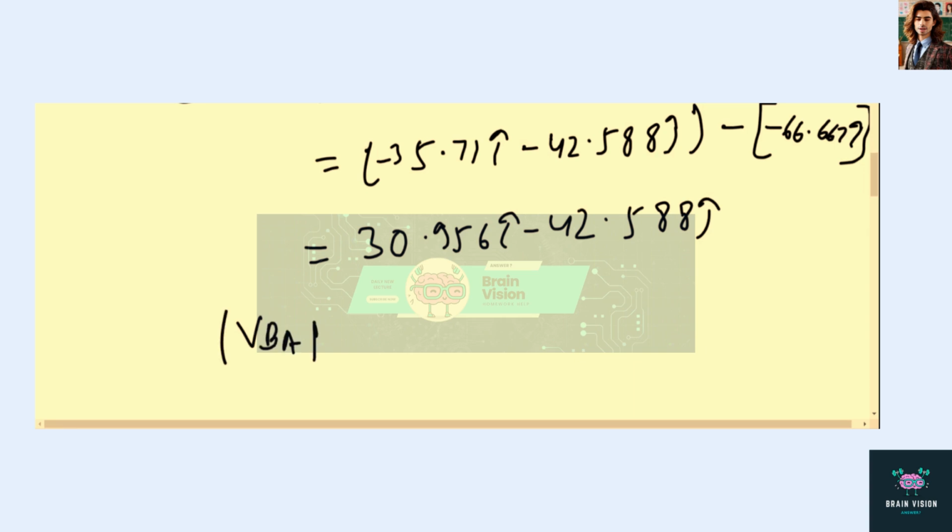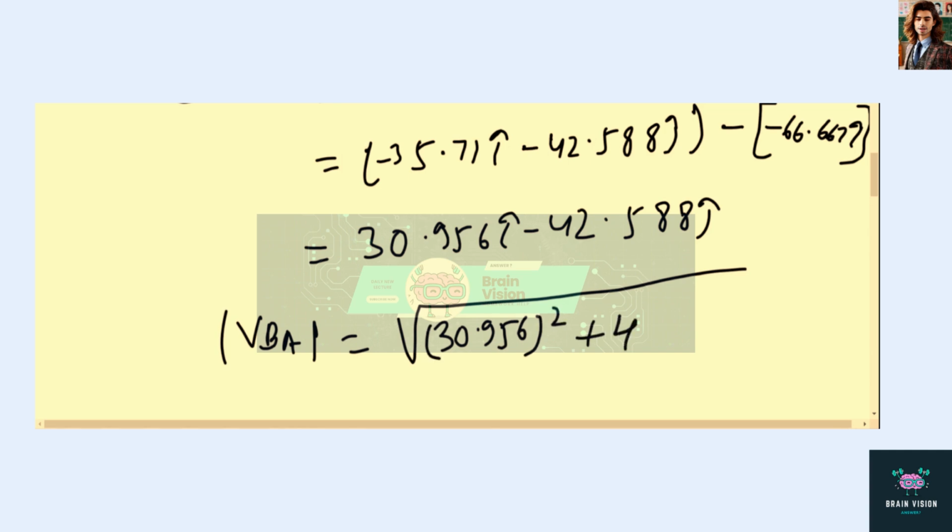The mod of VBA will be the square root of 30.956 squared plus 42.588 squared, and this total value after the calculation becomes 52.626 meter per second.